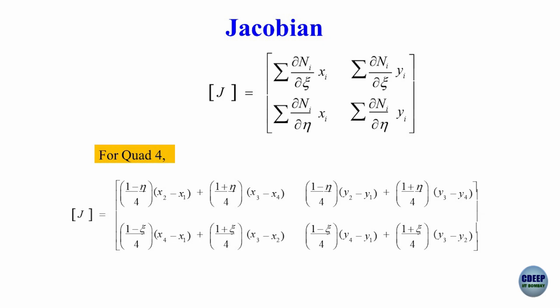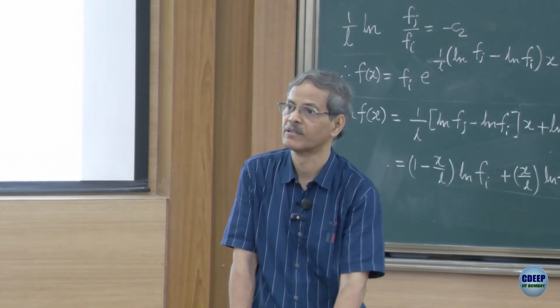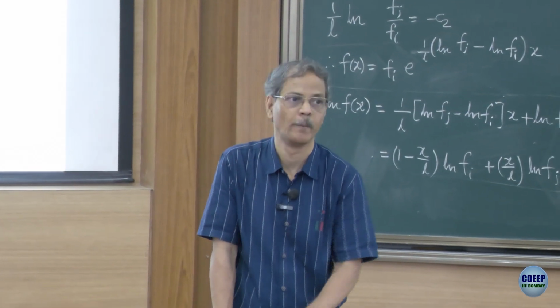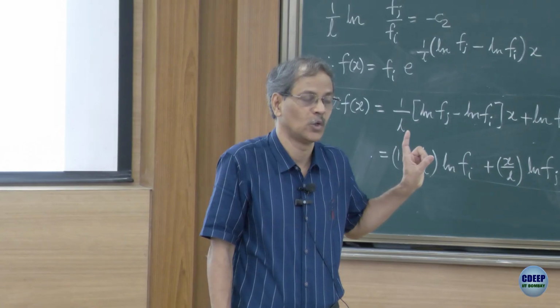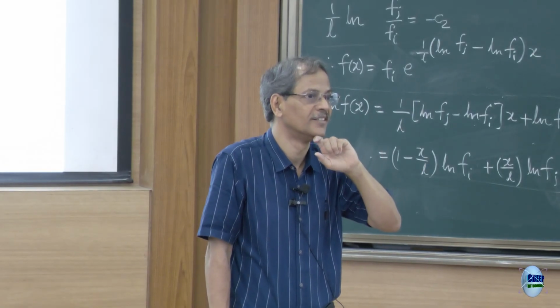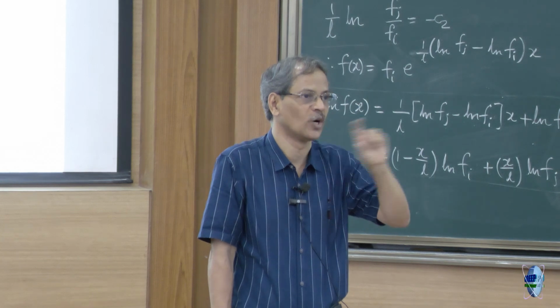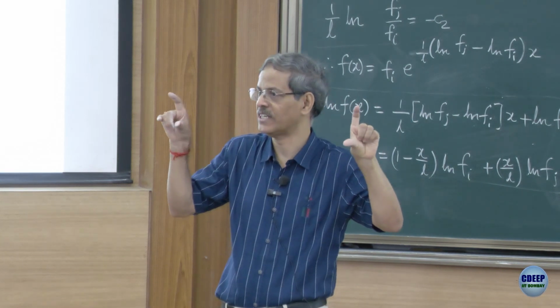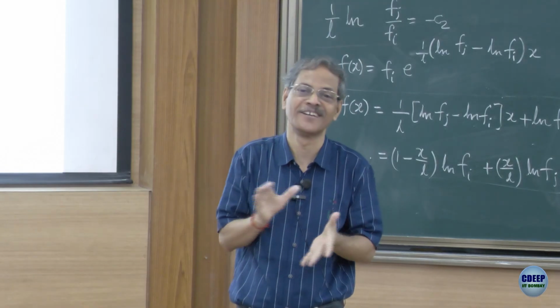Is this making sense, or is it a little over the head? Clear? Anybody who has doubt, please ask me. Right? So, what would the Jacobian depend on? This coordinate transformation between x, y and zeta, eta, what would it depend upon?